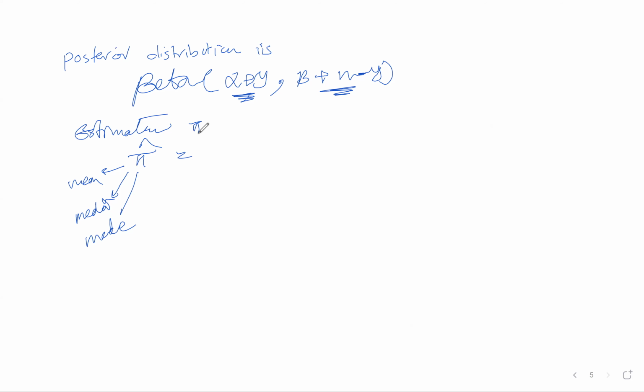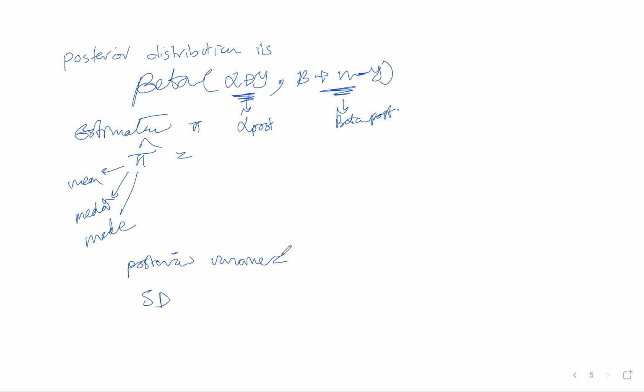This is the estimation. Maybe you'd like to estimate the posterior variance. This one has a formula as a function of alpha and beta, or alpha posterior, beta posterior. Or maybe you get the posterior standard deviation.